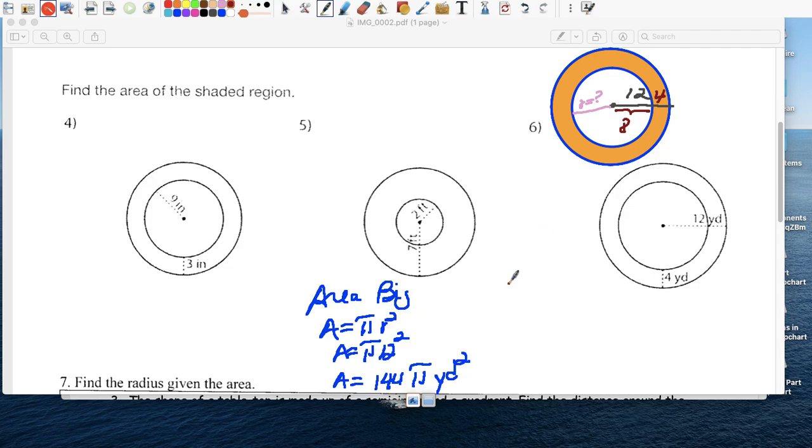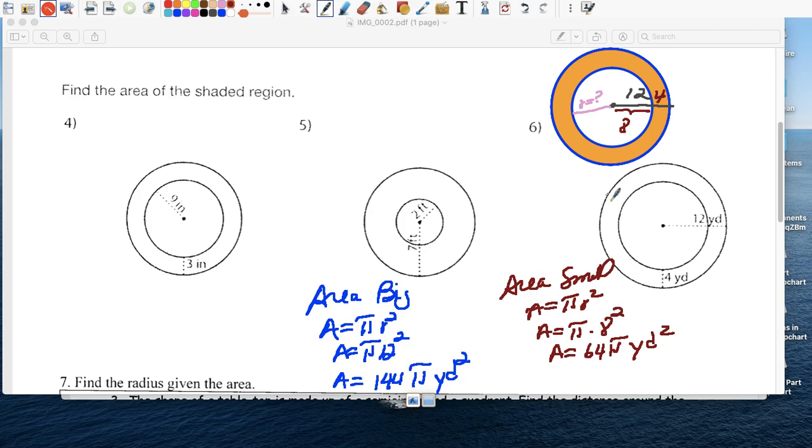So in your small circle, A equals pi r squared, area equals pi times 8 squared, which is 64, so we write 64 pi yards to the second power. Now, we're not done because we have to subtract those two, and 144 minus 64 is 80.